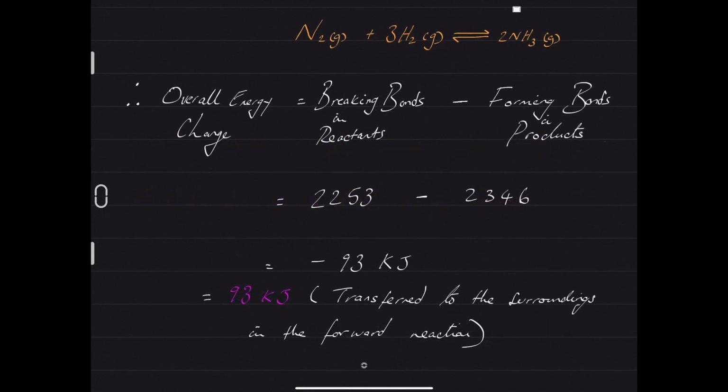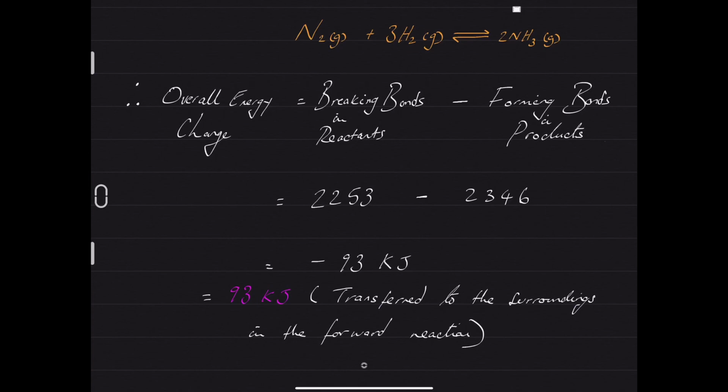Now we have to put all the parts together to work out the overall energy change. And what we say is that breaking bonds in the reactants minus forming bonds in the products. So this gives us 2,253 kilojoules, which we calculated for breaking the bonds in the reactants, minus 2,346 kilojoules that resulted when we formed the bonds in the products.